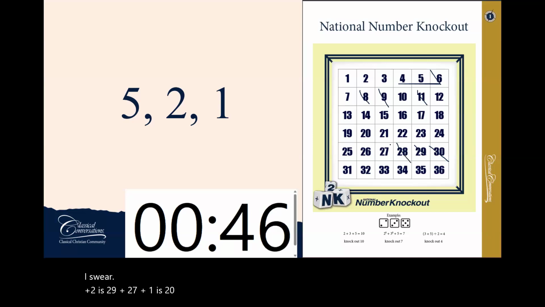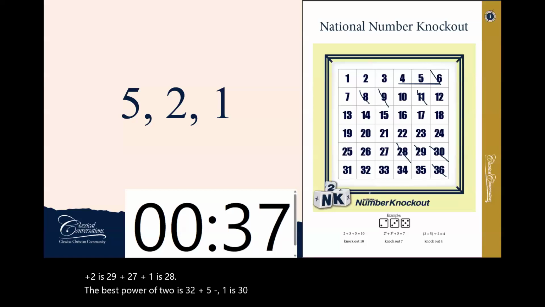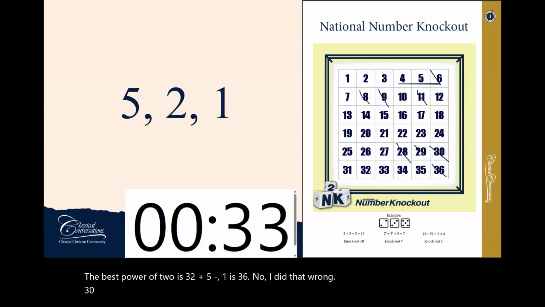The 5th power of 2 is 32, minus 5 is 27, times 1 is 27, or plus 1 is 28, or minus 1 is 26.